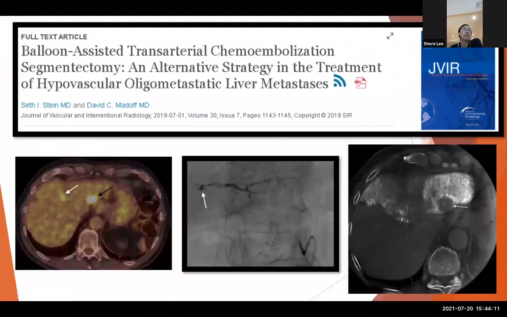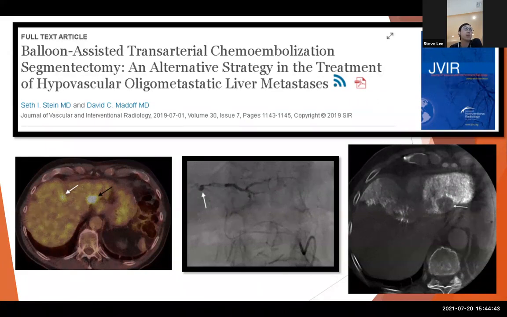And so again, we can use the balloon-assisted TACE in a segmentectomy style for treating metastatic disease in the liver. As you know, metastatic disease is not as vascular. And so for these hypovascular mets, you really need to force the embolic agents into the area that these tumors live in. One way to do this is blasting that segment in a segmentectomy fashion using chemoembolic agents.